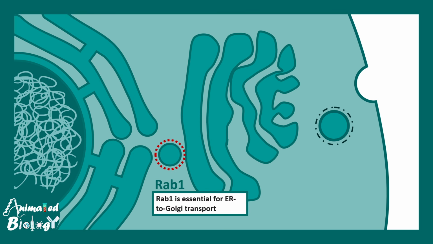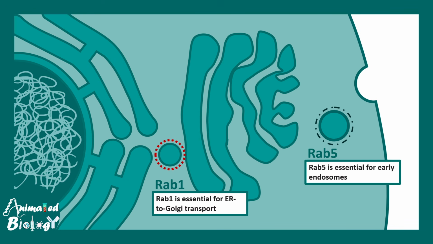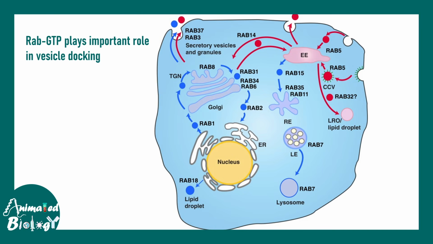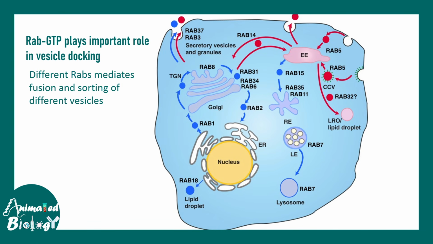For example, the vesicle bound for delivery from the endoplasmic reticulum to the cis Golgi has Rab1 as a vesicle sorter, whereas the early endosome would have Rab5. This heterogeneity in Rab leads to membrane selectivity. It turns out there are different kinds of Rab responsible for fusion of different types of vesicles throughout the cell. And this is a quick summary of that.